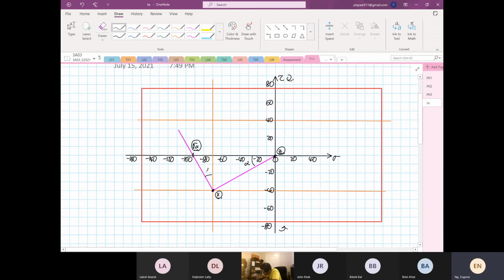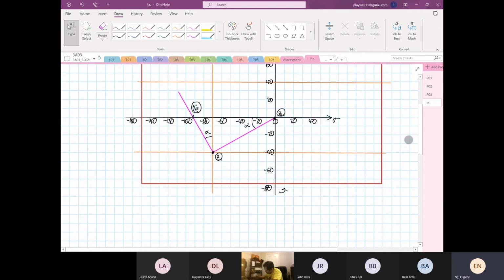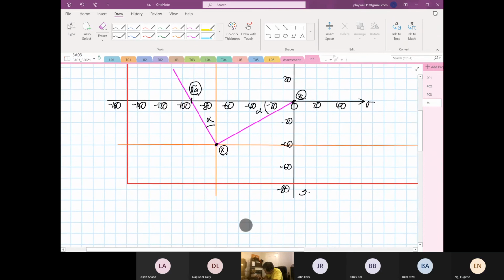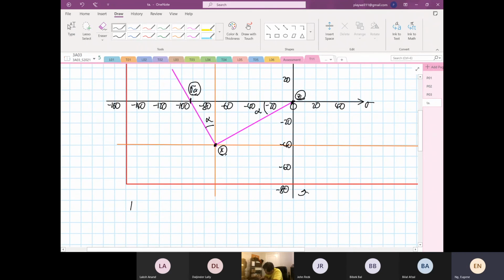This angle over here is also our alpha. So tangent alpha is equal to 40 divided by 70. So alpha is equal to inverse tangent of 40 over 70, which is 29.7 degrees.